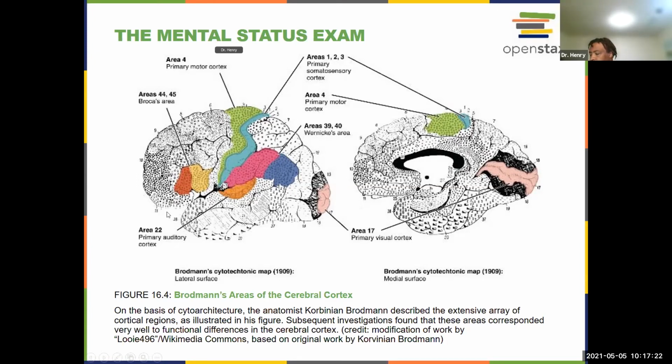Down here in area 22, that's going to be our primary auditory cortex, so things associated with hearing. And then we have area 17, which is the visual.